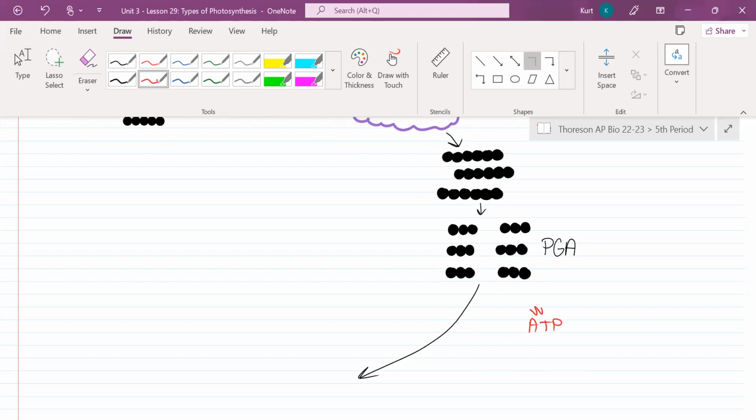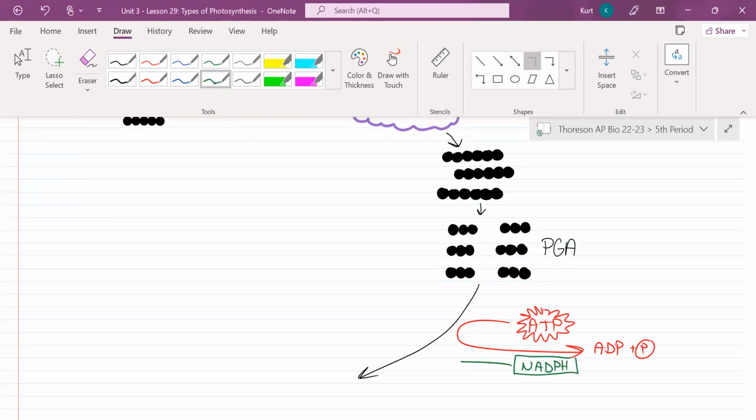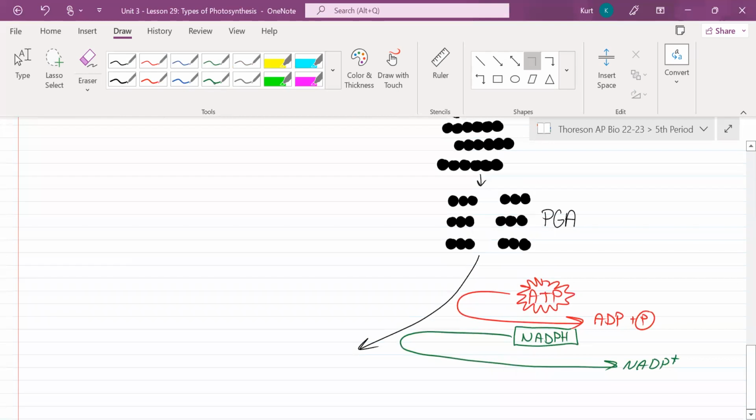ATP and NADPH from the Calvin cycle are going to interact with each of the PGAs. And what does PGA get converted into? G3P.